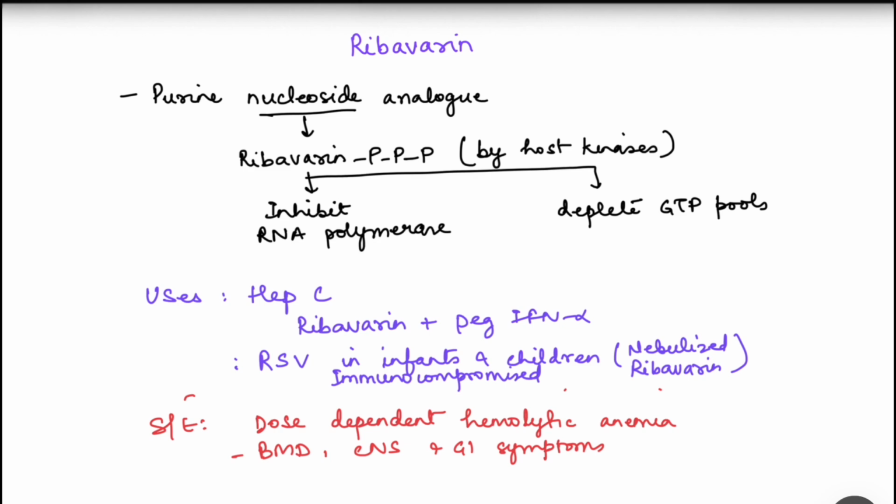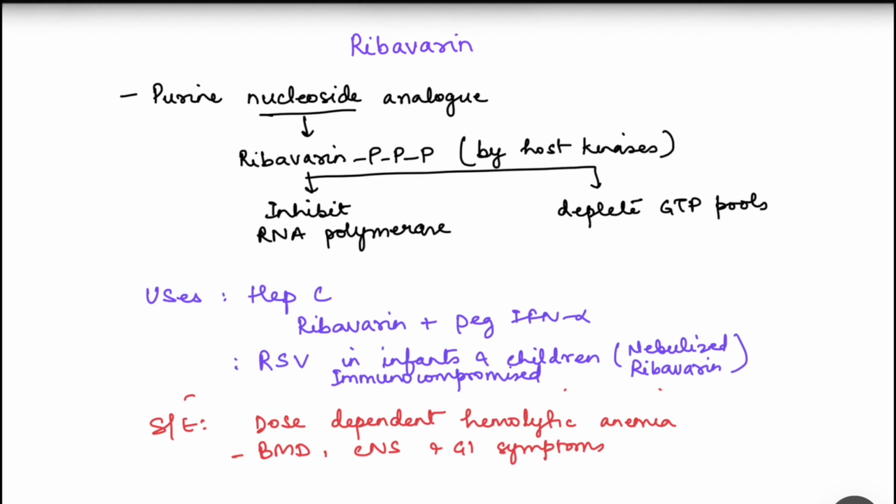It stimulates the JAK-STAT pathway and causes release of certain cytokines, and also makes the virus-infected cells more susceptible to death by cytotoxic lymphocytes. So cytotoxic lymphocytes will be able to identify the infected cells better and kill them. I would suggest that you go back to the video on antiviral drugs for DNA viruses, where you will get the mechanism of action of interferons along with some side effects as well.